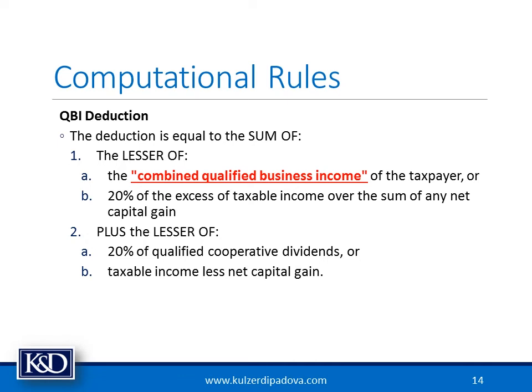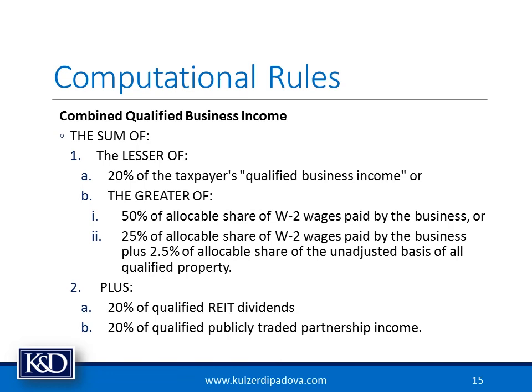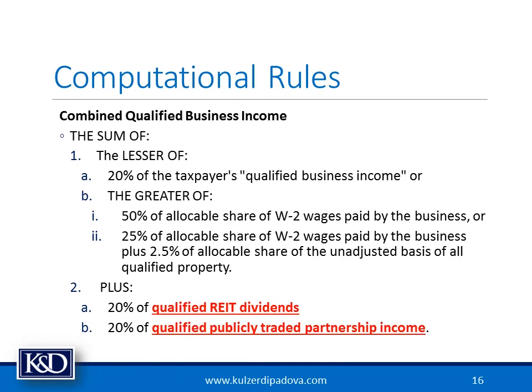It's the sum of the lesser of combined qualified business income or 20% of taxable income, plus the lesser of qualified cooperative dividends or taxable income less net capital gain. But we're just going to look at combined qualified business income, which is, again, the sum of two numbers. I'm not going to read through the whole thing. Again, we're going to spend more time on the top half. I just want to focus on the bottom portion of that now.